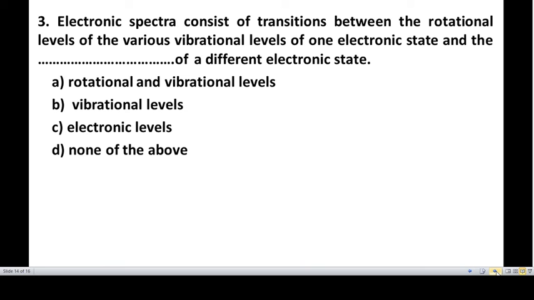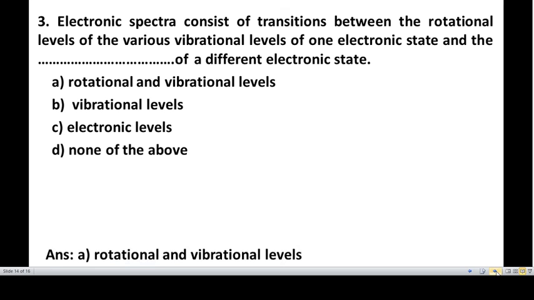Third question: electronic spectra consist of transitions between the rotational levels of the various vibrational levels of one electronic state and the dash of a different electronic state. The options are rotational and vibrational levels, electronic levels, none of the above.